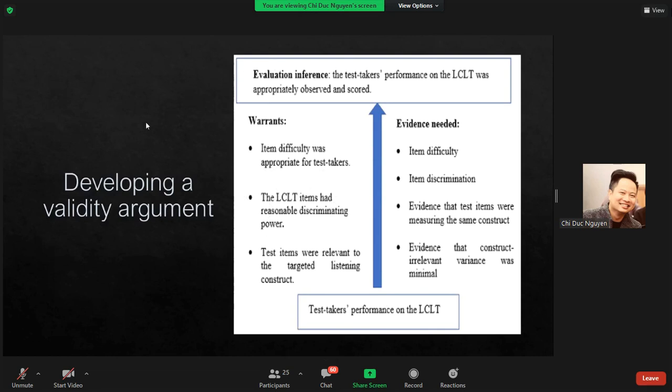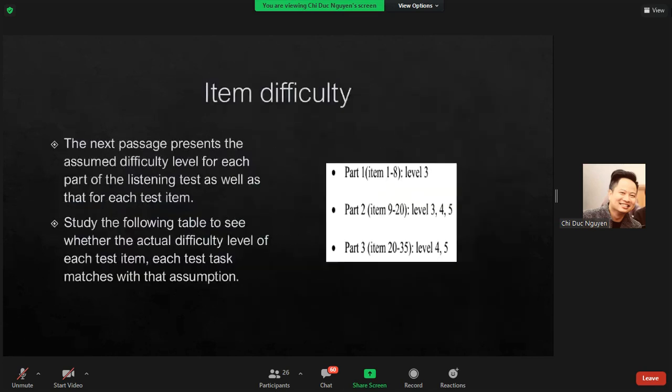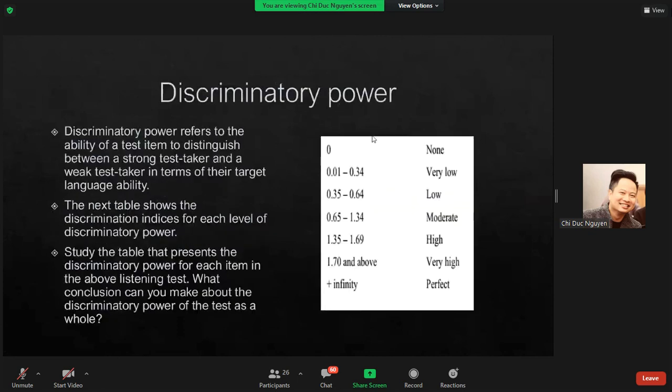How can we do so? We have to look at the discrimination indices from the Rasch model. And the rule of thumb is that if we have discrimination indices from 0.01 to 0.34, it's going to be very low.